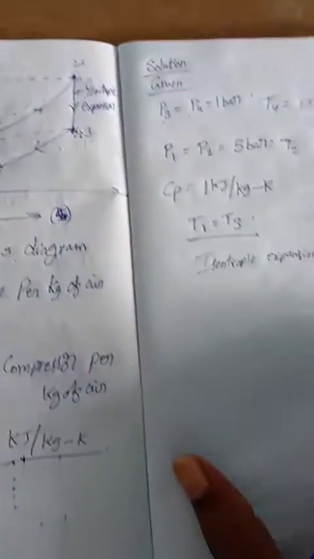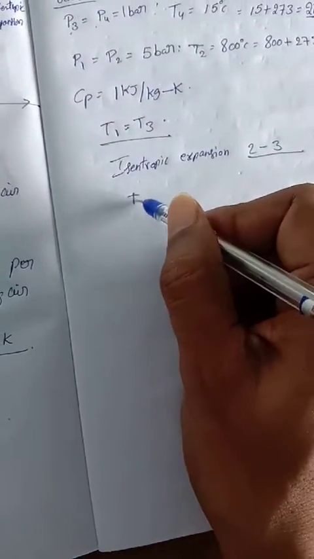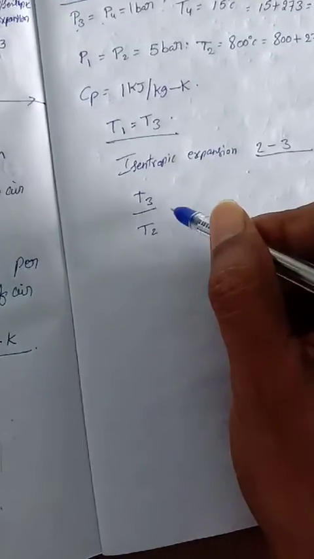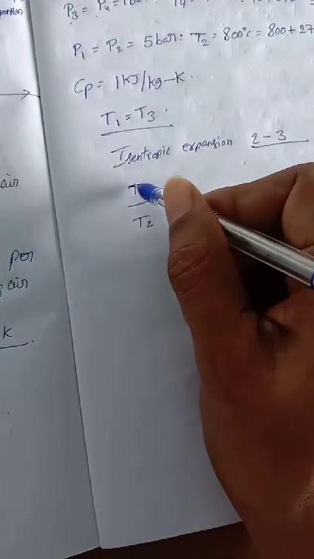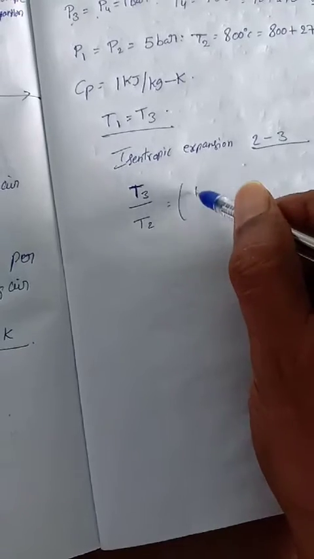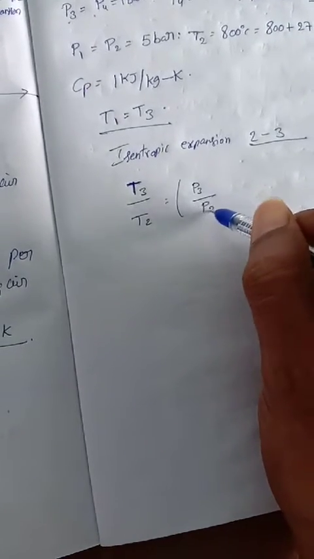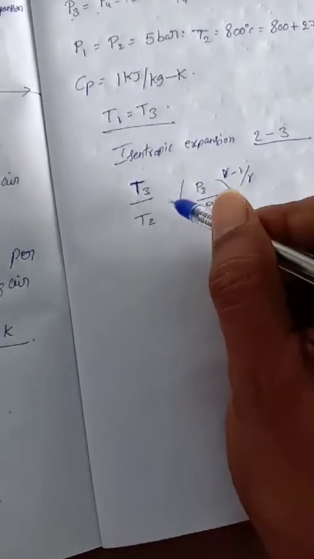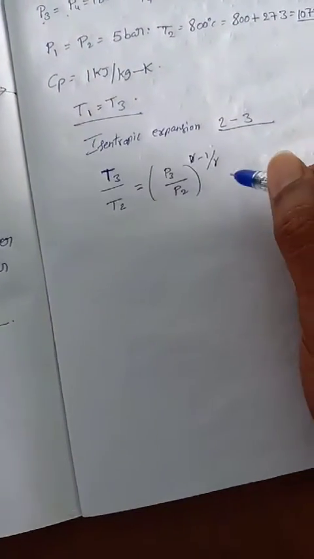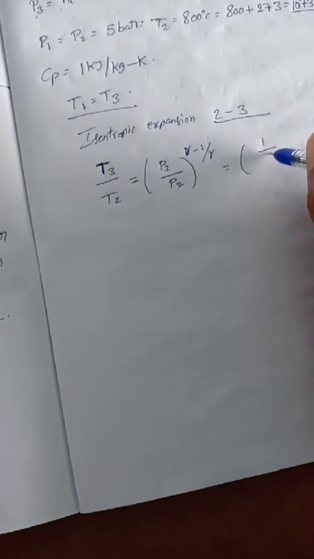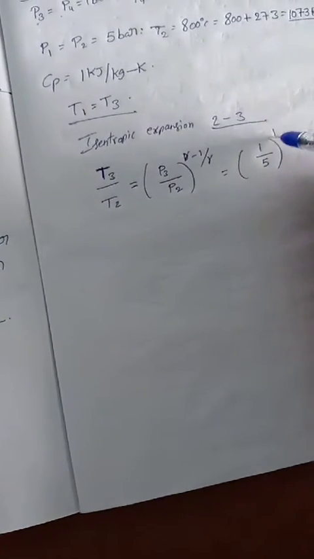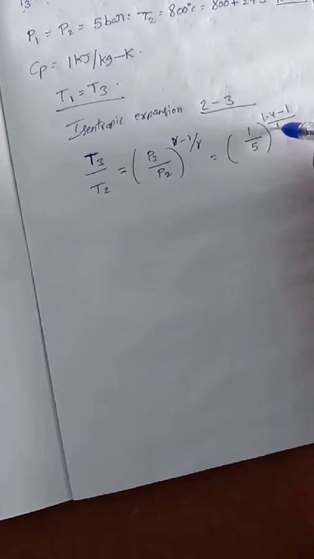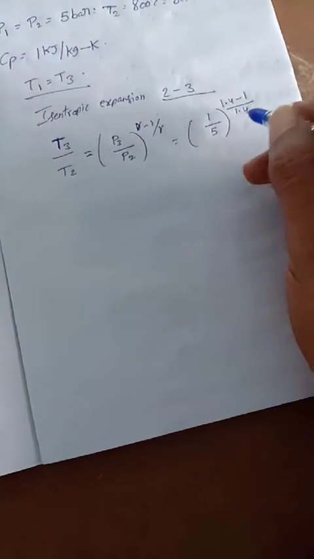Here T3 by T2 is equal to P3 by P2 to the power gamma minus 1 by gamma. Now here P3 is equal to 1, P2 is equal to 5, gamma is equal to 1.4, the standard value. You can solve this and you will get the answer 0.630.